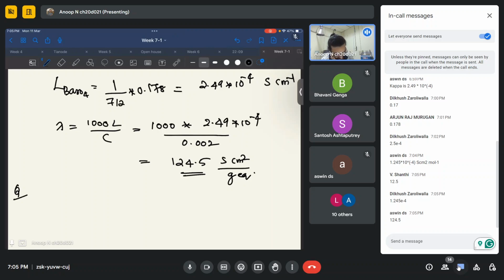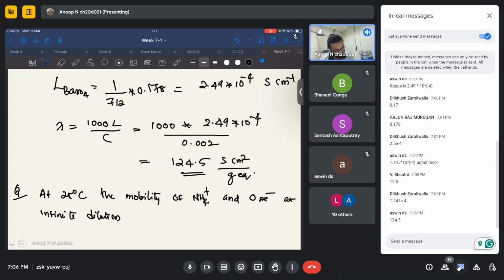At 25 degrees centigrade, the mobility of NH4 plus and OAC minus at infinite dilution are 7.6 into 10 raised to minus 4 and 4.7 into 10 raised to minus 4 centimeter squares per volts per second.